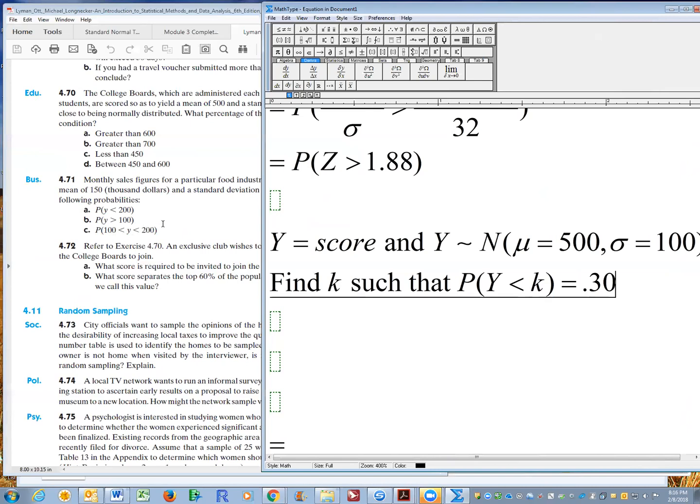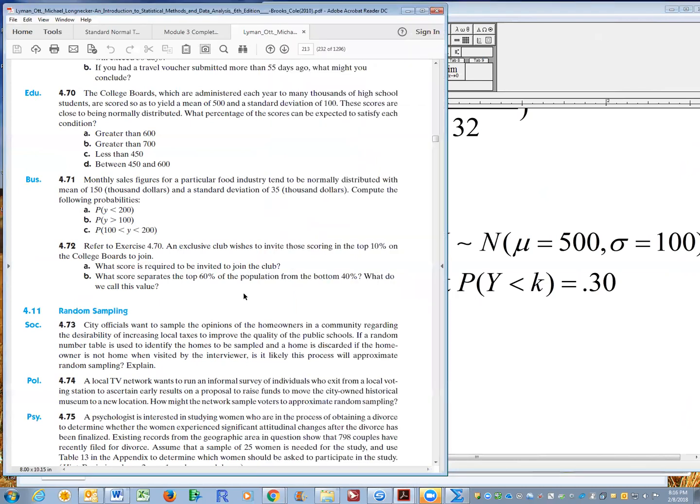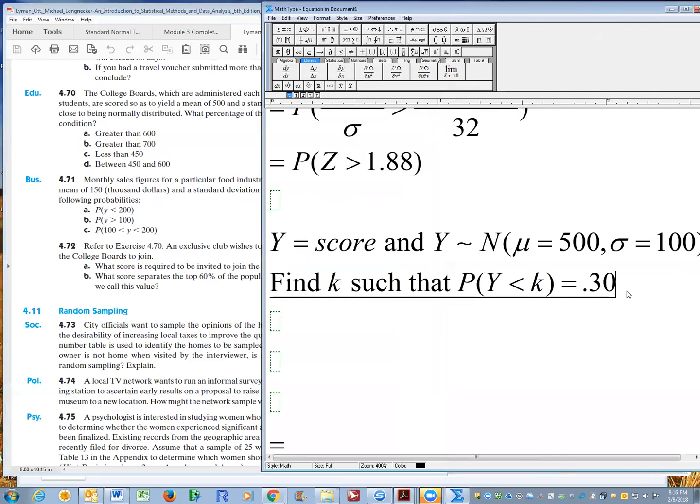Am I reading that right? Let me make sure. It separates the top 70% from the bottom 30%. So I think this is the setup you've got.